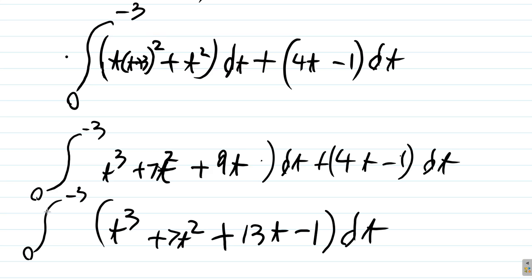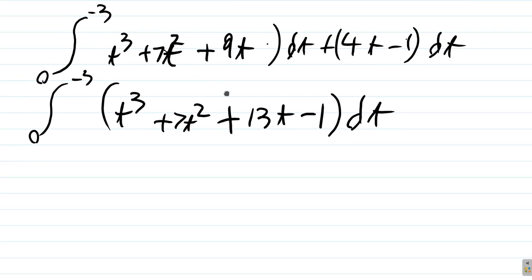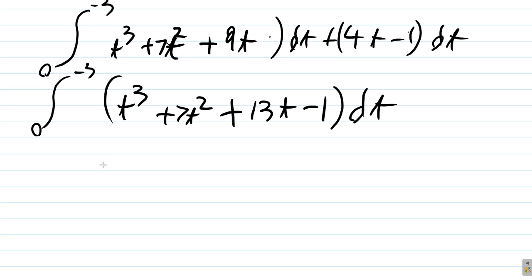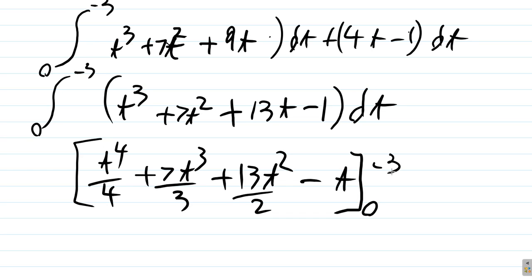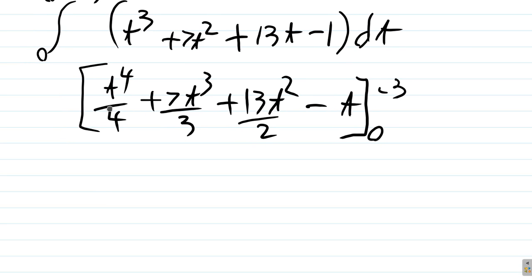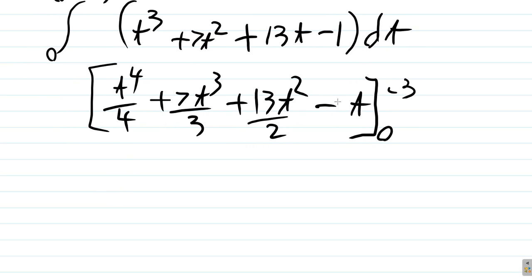Alright, let's go ahead. This is t to the 4th over 4 plus 7t cubed over 3 plus 13t squared over 2 minus 1t from 0 to negative 3. Alright? Now, I've run out of scrolling space already.